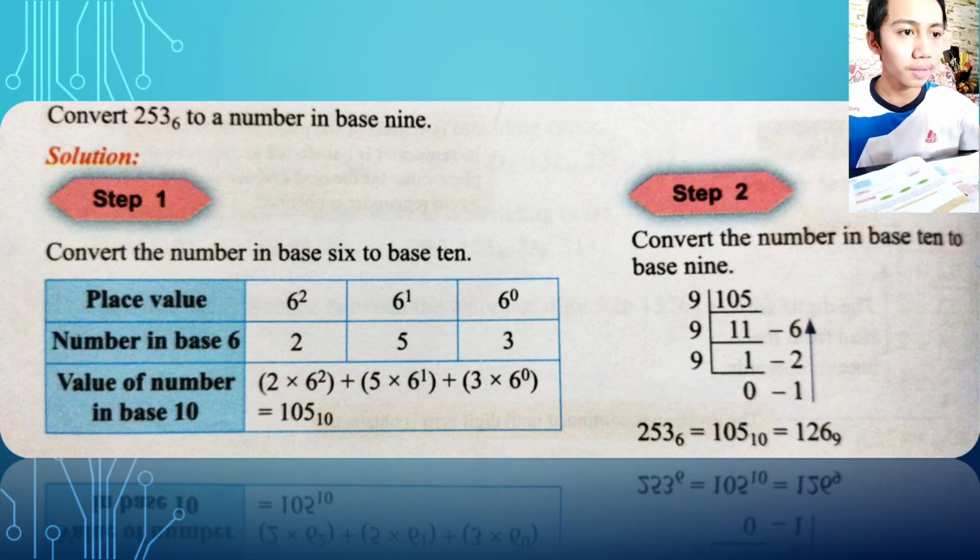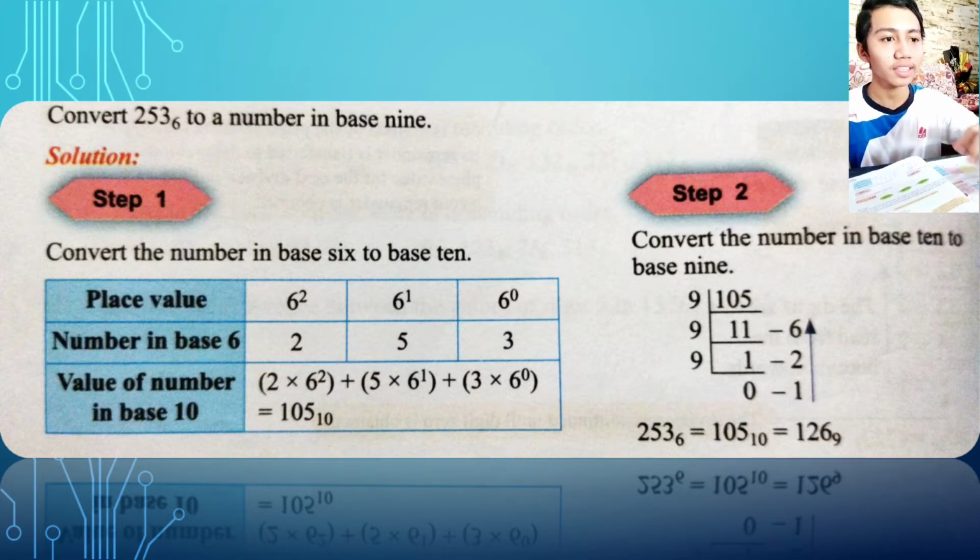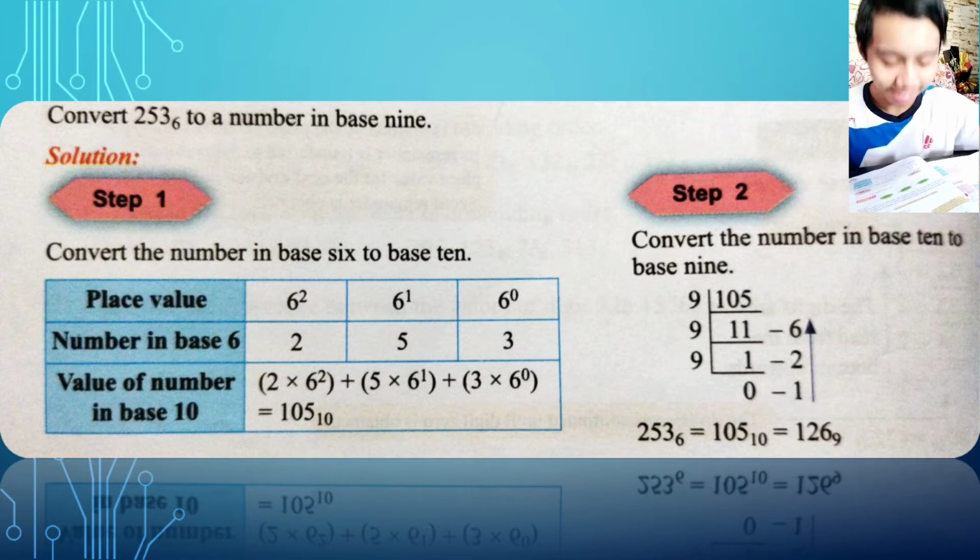Then we divide it again, then we will get 1. Then we will have same extra number, which is 2. Okay. Then we must divide it until we will get the last number, which is 0, that we cannot even divide it anymore. You guys understand? Okay.